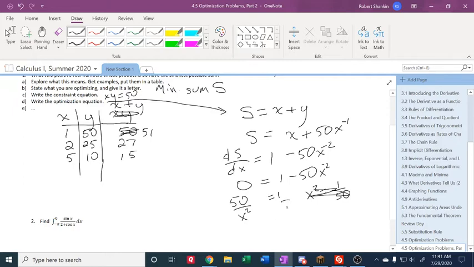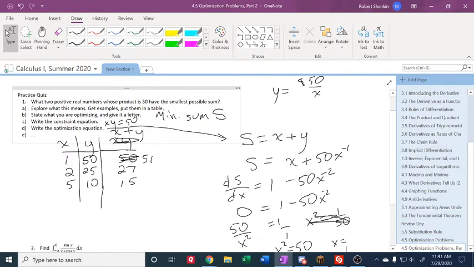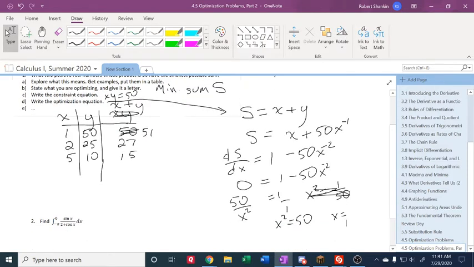And then I cross multiply, x squared equals 50, x equals, now it says what two positive real numbers. So although I could get a positive and a negative, I'll just use the positive, square root of 50. And then if that's a square root of 50, then the y is 50 divided by square root of 50, which is also square root of 50.